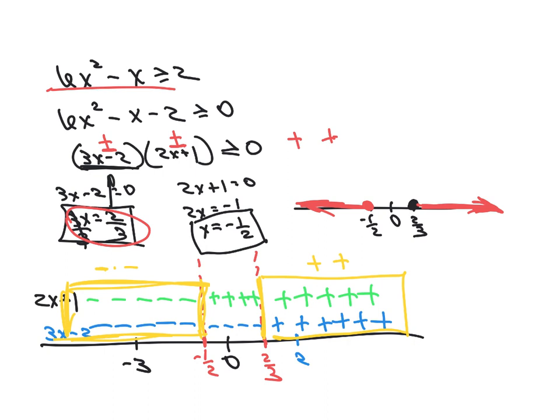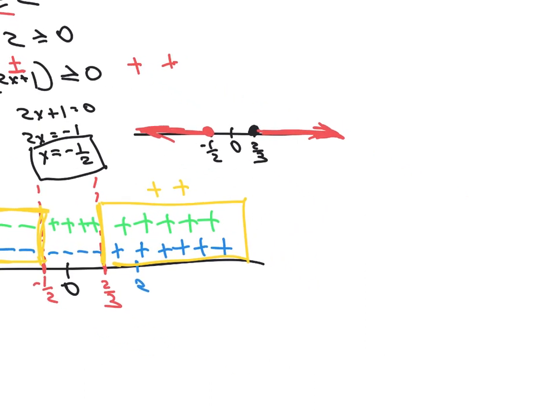If we wanted to do this in inequality notation, it would end up looking like this. Let me move this over. X is going to be less than or equal to negative 1/2, or X is going to be greater than or equal to 2/3.